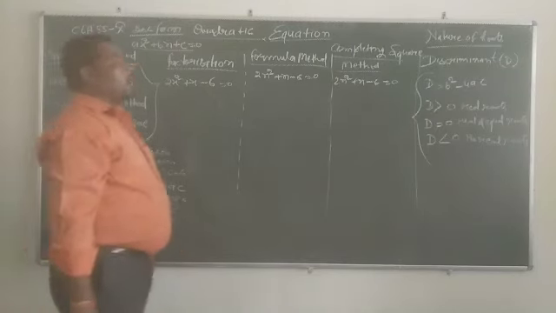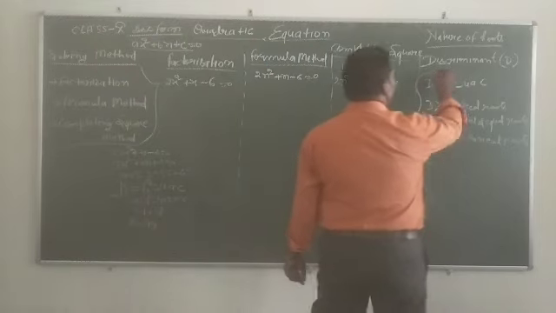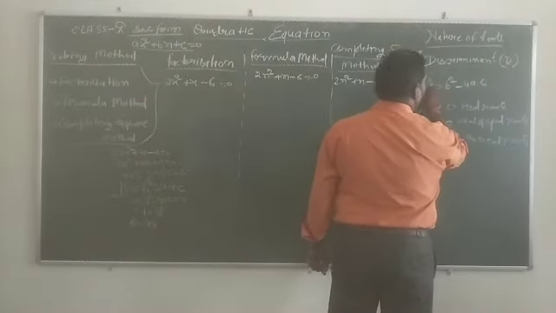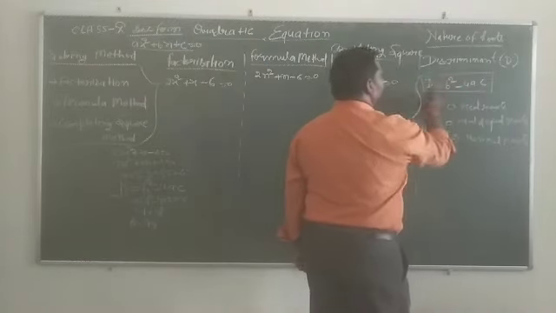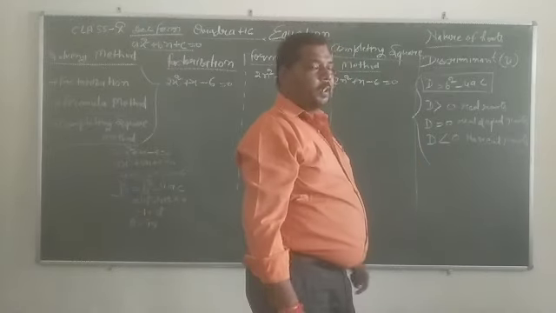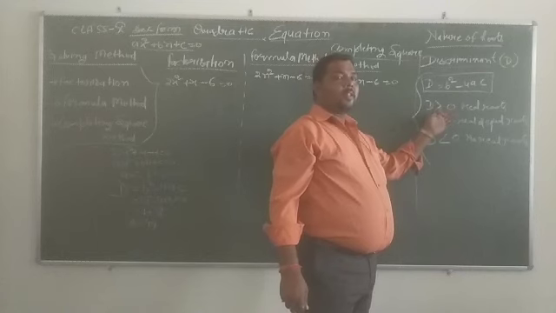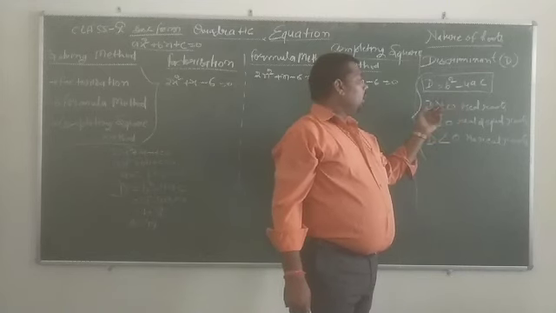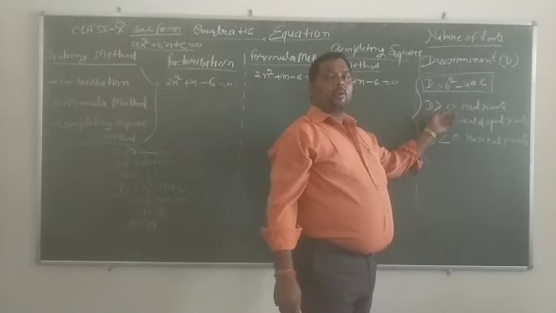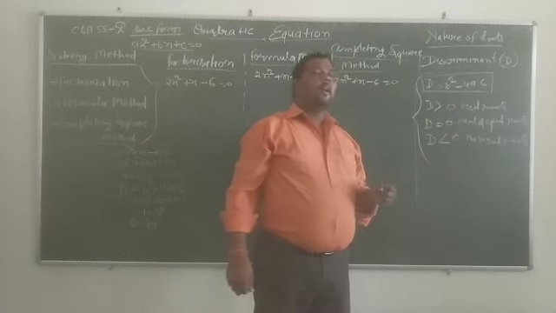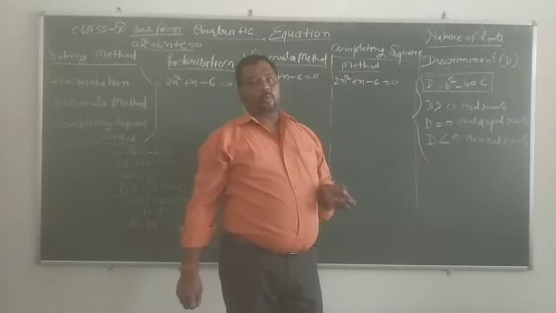So students, I am telling you about the discriminant. The formula of the discriminant is D equals b square minus 4ac. If the value of D is greater than 0, that means a positive value, the nature of roots is two distinct real roots.